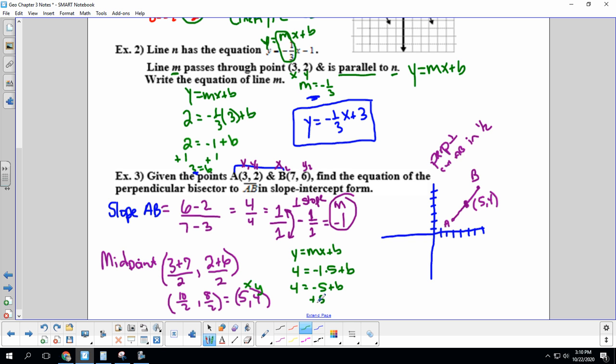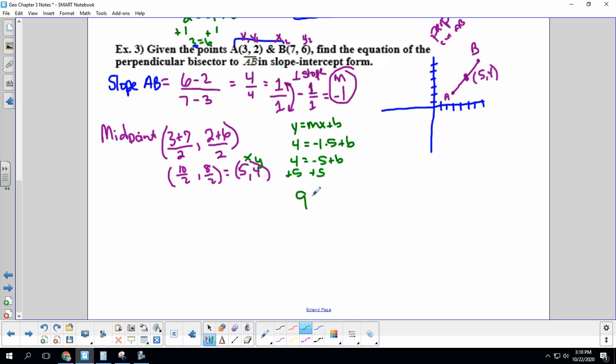Add 5 to both sides. b is equal to 9. What? Niner. Okay, so the equation of the line is y equals slope times x plus 9. If you add in the 1 right here, so it's negative 1x, that's fine. Just when we only have 1x, we usually don't write the number 1.